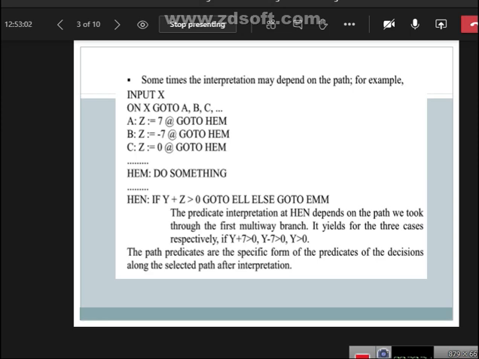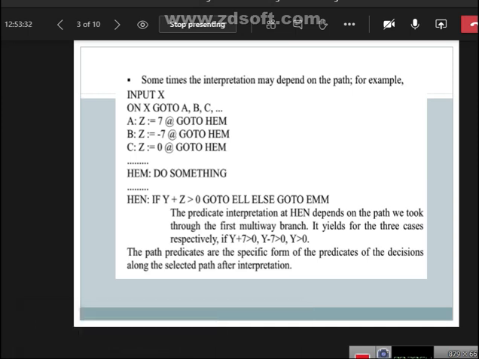For example, in this particular code, if you have observed it, here it is giving the input x. Then on x, it is taking x, going to a, b, c and so on. By taking the input x, we are going to the statements a, b and c.